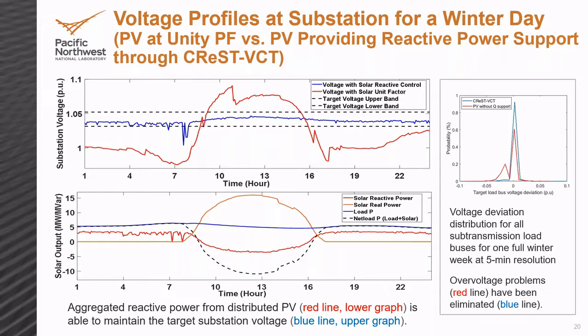So now we are able to get very little deviation from the target value with the optimization, and we're able to get rid of this red part here through the optimization. And this is representing simulation done at 5-minute interval for almost 3 months at 5-minute resolution. So that's a huge amount of data we are showing here.